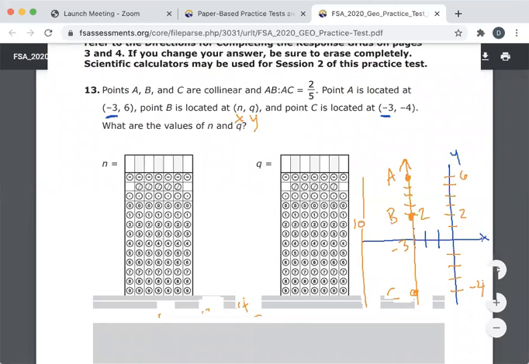Because N comes first, it's the X value, and the X value is -3. And Q is second in the coordinate point, so that's the Y value, which is 2. So our point for B is (-3, 2).